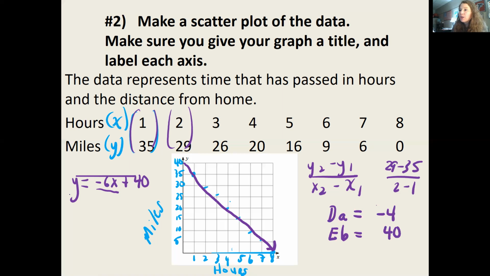So look how close we are, because this is such a strong negative correlation. According to my calculator, using all of those points on the graph, our equation is -4x plus 40. So that's pretty close, and we eyeballed it. So we did pretty well.